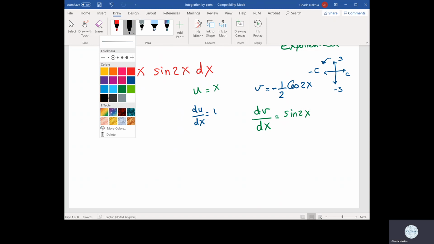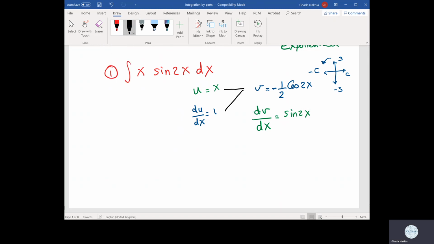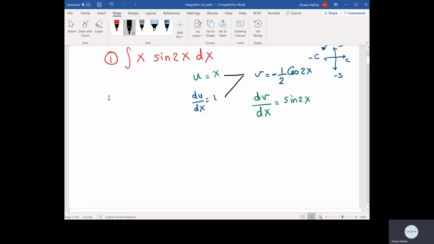Then we apply the rule. We apply the integration rule, which is u times v minus the integration of v du by dx.